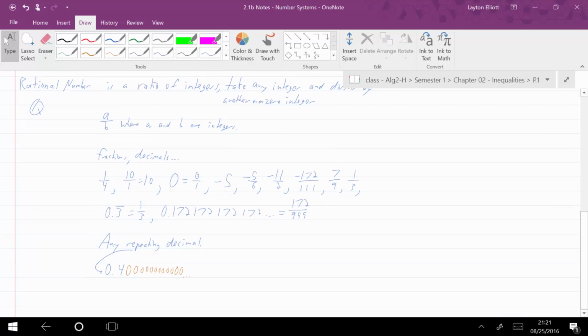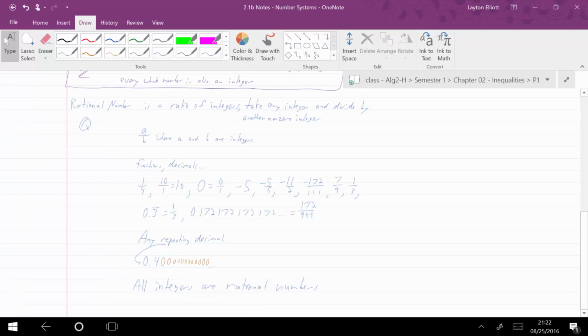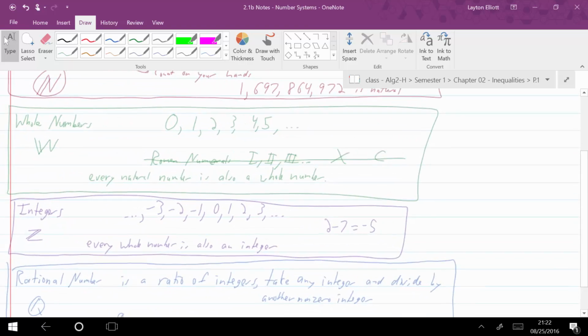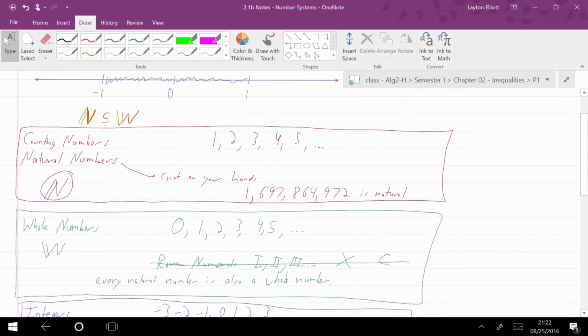And what's important to note too about rational numbers is that I can put anything over 1, so all whole numbers, and actually I'm going to say all integers, sorry, are rational numbers. I'm going to zoom out a little bit and put a little box around the rational numbers. It takes a lot to explain what a rational number is. And if I look back at the progression, natural numbers are a subset of the whole numbers.